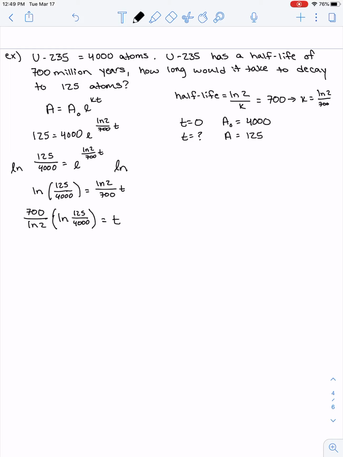Should be a negative natural log of 2. So if we have the half-life equals 700, which is natural log of 2, I should have put that as natural log of 1/2.